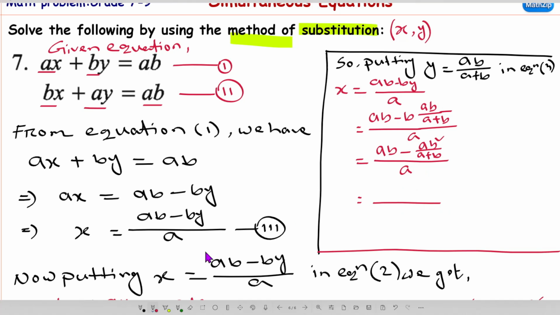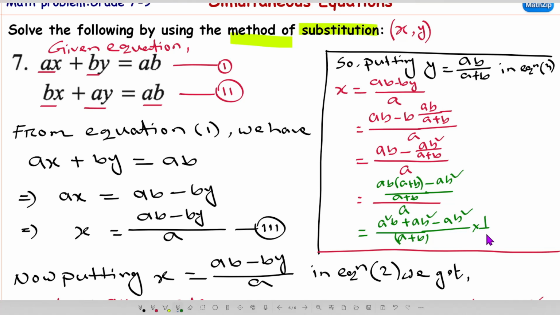In the numerator we can make an LCM, which is a plus b. So ab times a plus b minus ab square divided by a, right? So here we can write a square b plus ab square minus ab square, and this is a plus b times 1 by a, right?